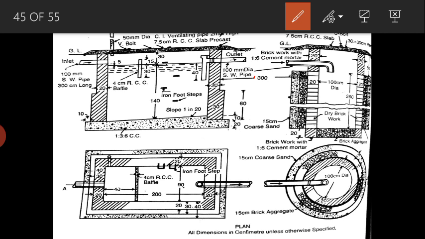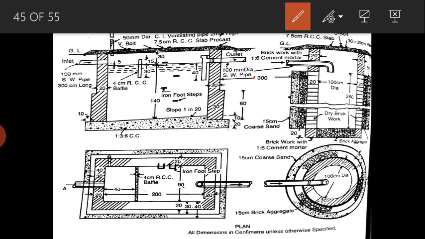The sludge should not settle at one point. It has to move and be taken out and made into manure for further use.